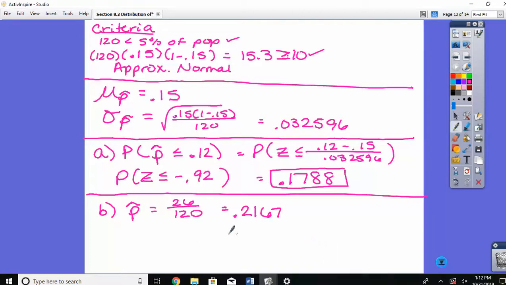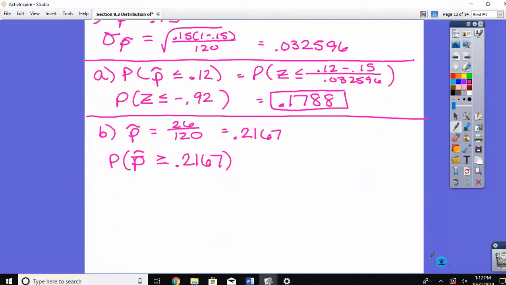So, this is higher than our estimate, right? We said our p is just 15%. So if I want to know if this is unusual, let's find the probability that our point estimate is greater than or equal to this. So change it to a z.